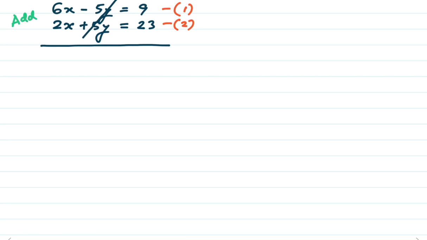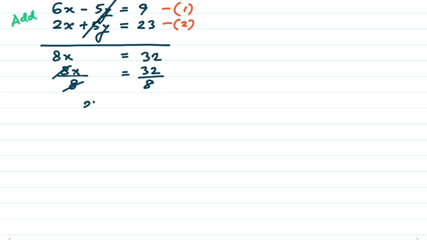Y is eliminated, and therefore you get 8x equal to 23 plus 9, which is 32. So 8x divided by 8 equals 32 divided by 8 gives you x is equal to 4.